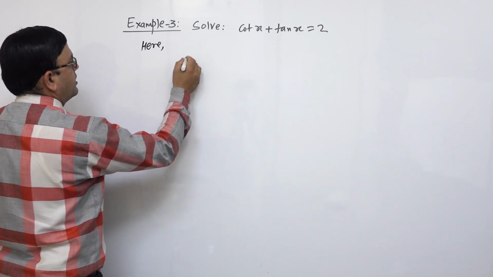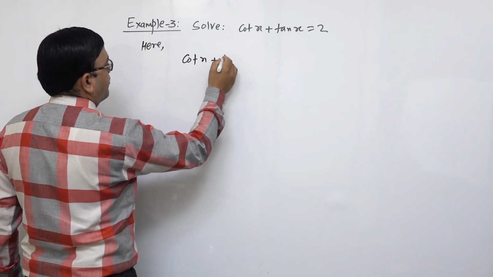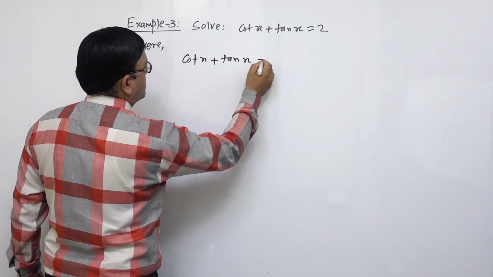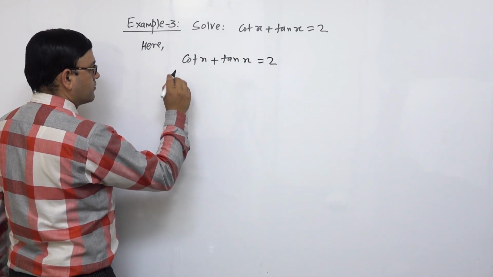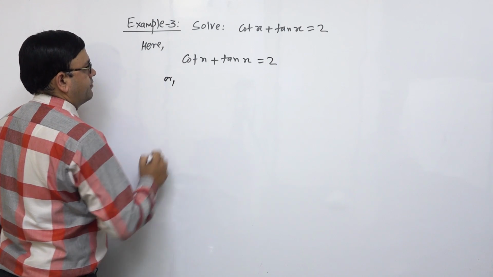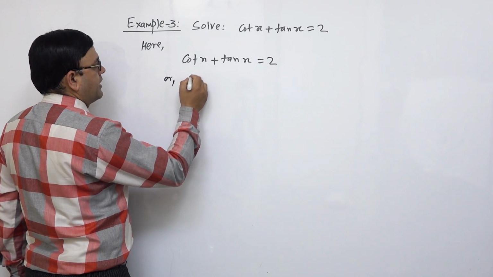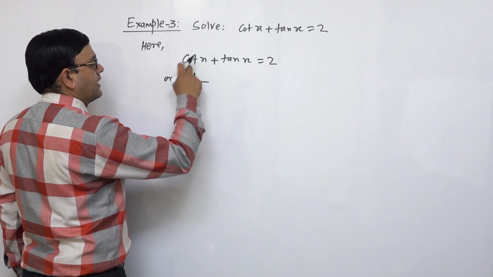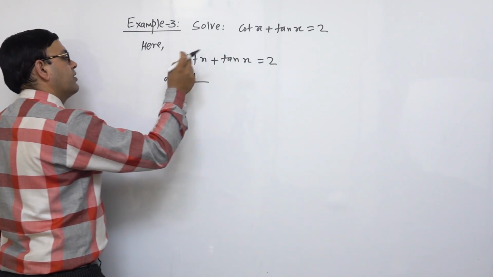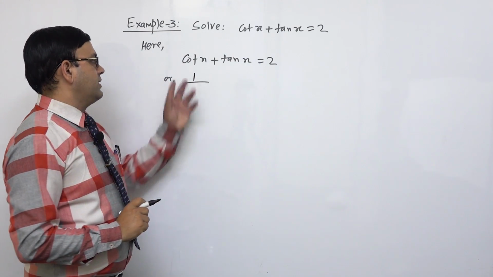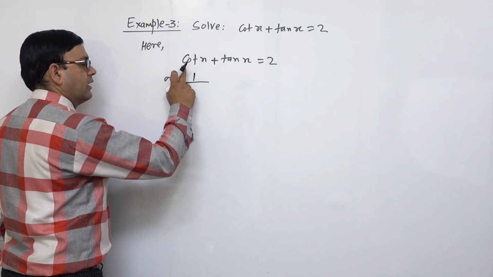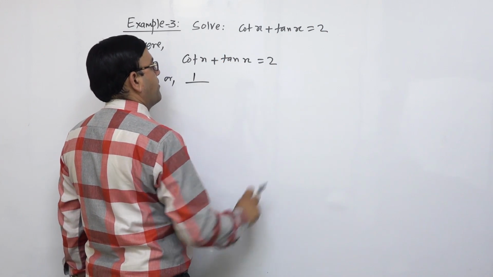We have the condition cot x plus tan x is equal to 2. We can change cot x in terms of tan x, or tan in terms of cot. It is easy to change cot in terms of tan and find the value of tan.